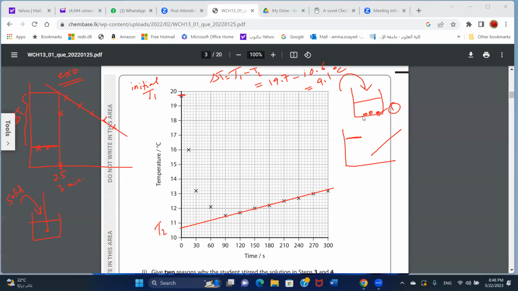But here they placed the solid and added the water, which means the water was added to the solid from the 0 time, not after 1 minute or 2.5 minutes or 3 minutes. So that's why we go from this point until we meet the line at 0 time, because it's the time at which the solid is placed. Do you understand all? Do you have any questions?